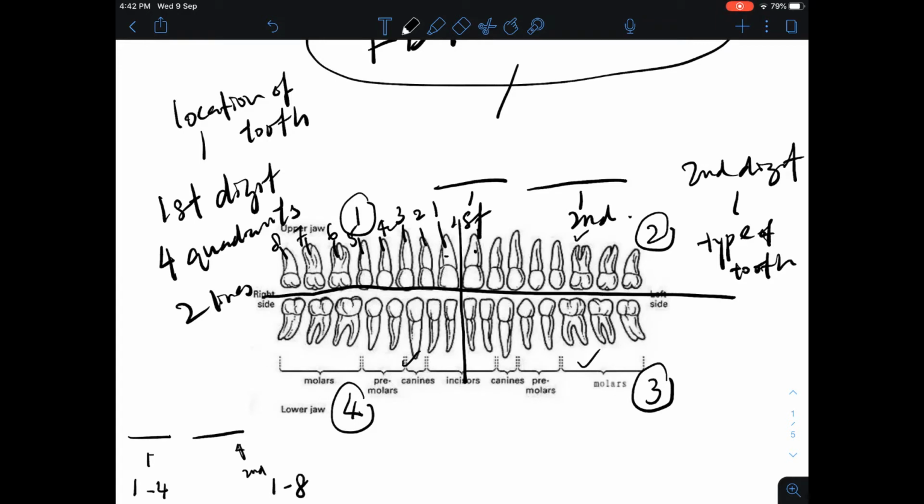Okay, let's do some exercise. Say for this tooth, it is at the quadrant 4 and it is the 5th tooth, so it's 4, 5. So the second premolar is 4, 5.